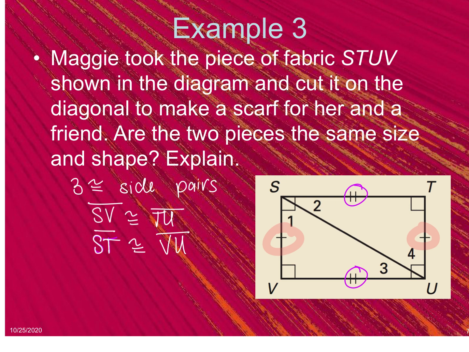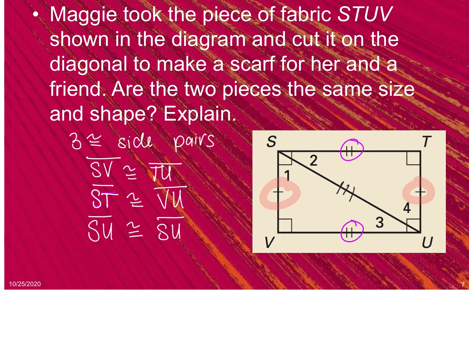It has to be equal because they're sharing it. So what side would that be? Good, so I'm going to go ahead and just write it as SU is congruent to SU. Because remember, I'm representing 2 triangles. So if you want 1, 2, 3, make 3 marks for that line because it's a congruent line.